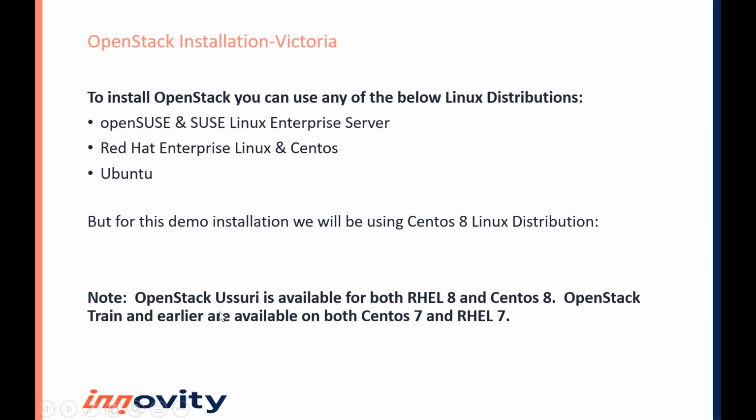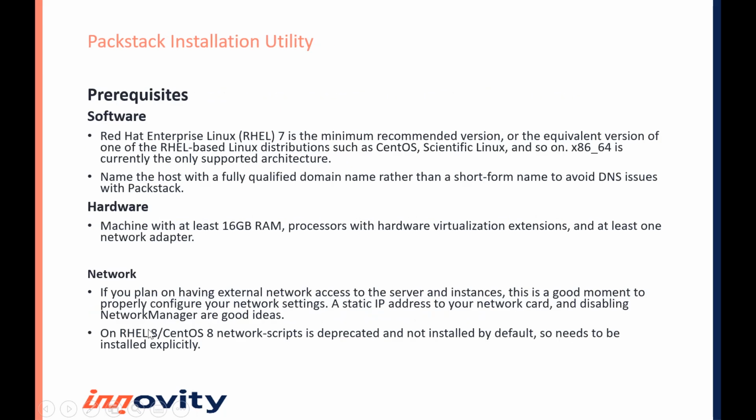So we'll be using Victoria, that is the OpenStack utility. This is the latest utility for CentOS 8 and Red Hat 8. And if you're using CentOS 7 or Red Hat 7, you can go for OpenStack Train. That is a separate utility.